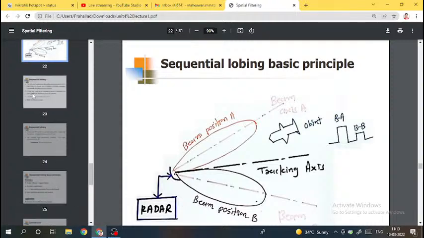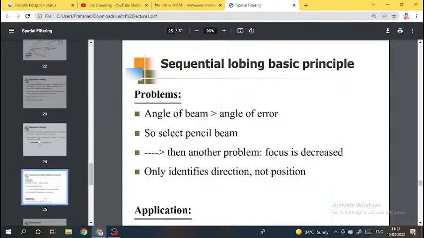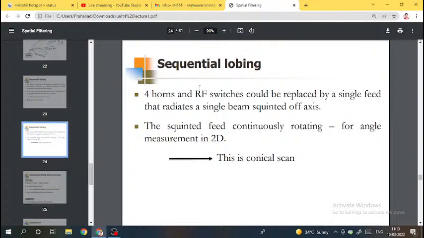So instead of using 4 horns, we will be using only a single feed that radiates a single beam squinted off axis, meaning by an angle the beam axis is squinted or changed by an angle. The squinted feed continuously rotates for an angular measurement in 2 dimensions.